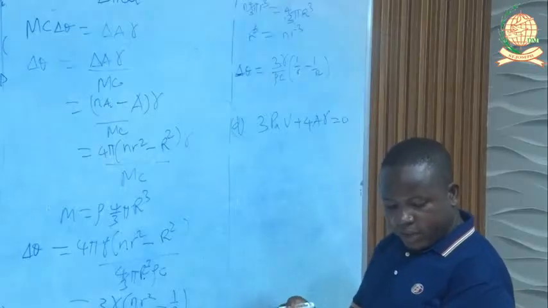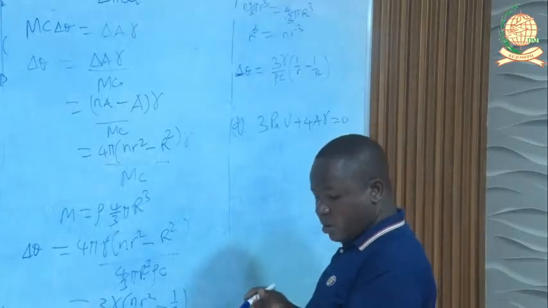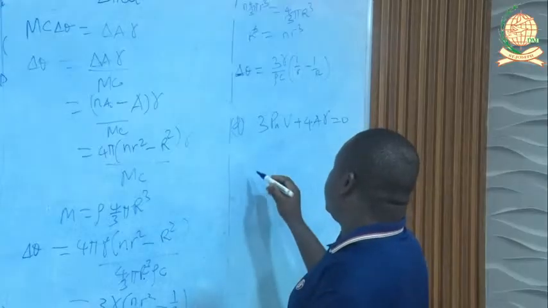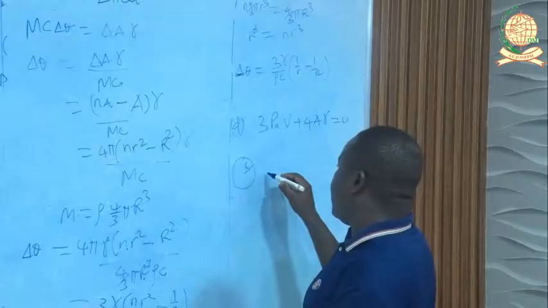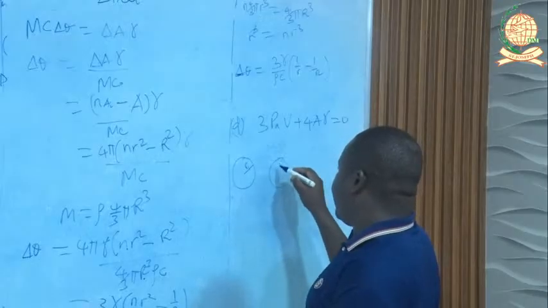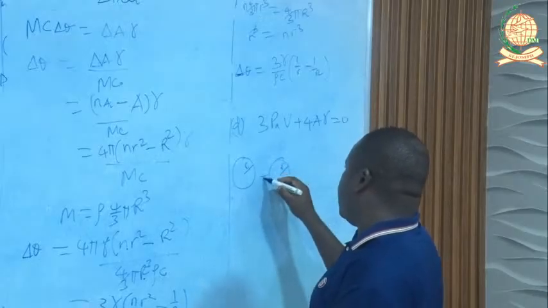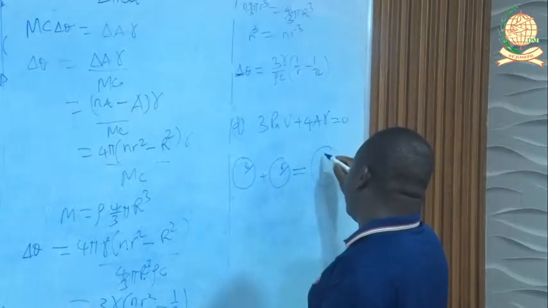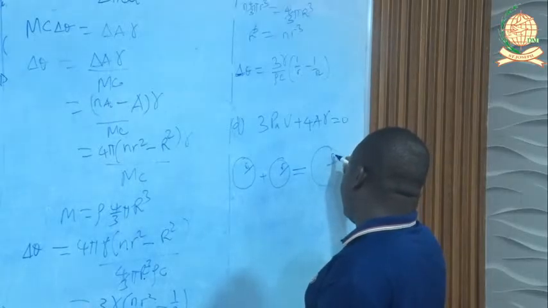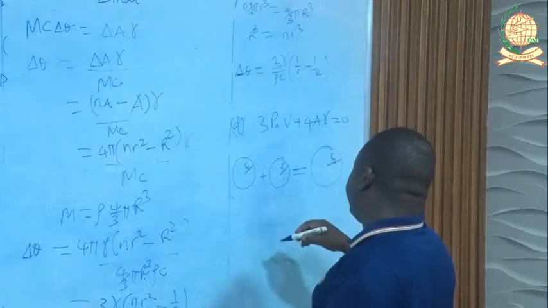So these are the two spherical soap bubbles. That means one sphere with radius R1, another sphere with radius R2. They are combined to form a bigger sphere of radius R3.